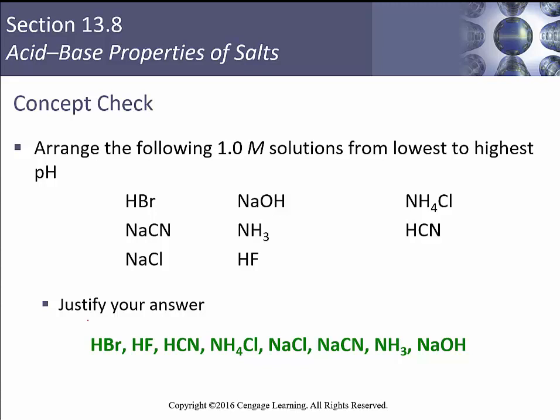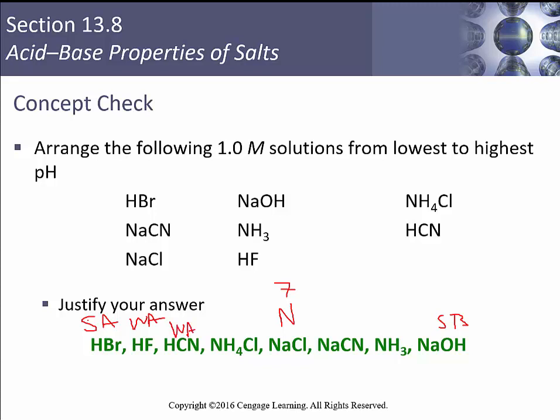All right, starting off over here, we've got a strong acid. HBr is a strong acid. Back down here, we've got a strong base. NaCl is going to be pH 7, which is neutral. HF is a weak acid. It's a pretty strong weak acid because it's still in that hydrohalide series, so it's going to be stronger than HCN, which is itself a weak acid.